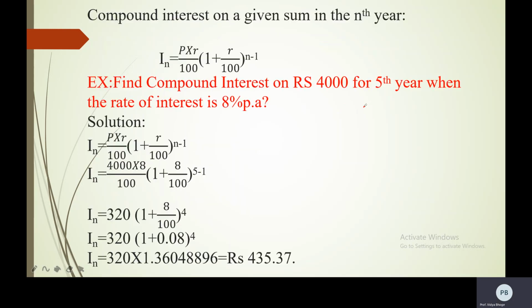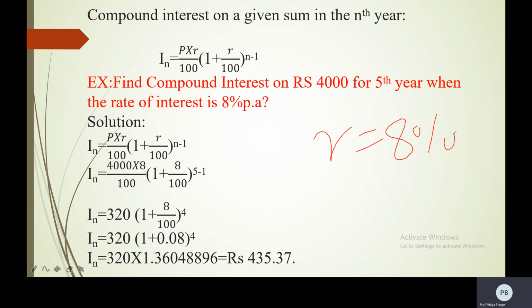The compound interest on a given sum in the nth year is In is equal to PR upon 100 in bracket 1 plus R upon 100 raised to n minus 1. Here, go to the example. Find the compound interest on rupees 4,000 for 5 years, and the rate of interest is 8 per annum.